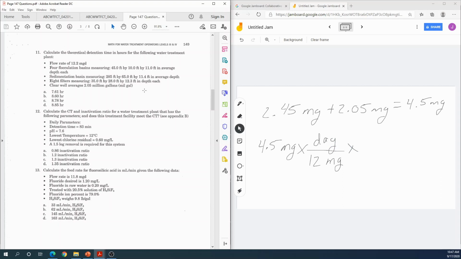So we know that in 1 day, there's 24 hours. So million gallons cancels million gallons. Days cancel days. We end up with 4.5 divided by 12 times 24, which is equal to 9 hours.